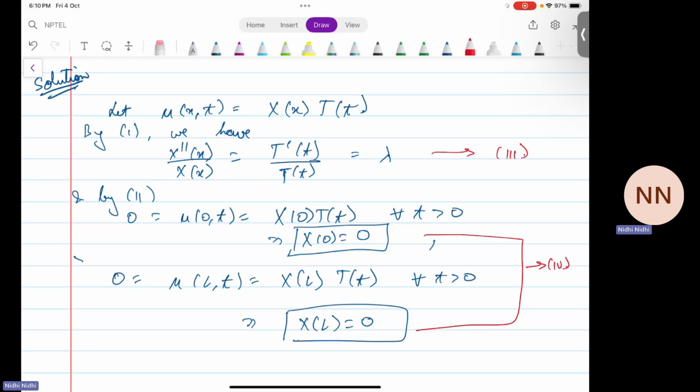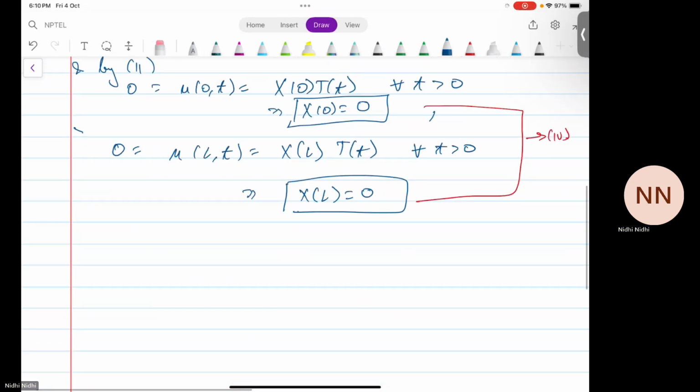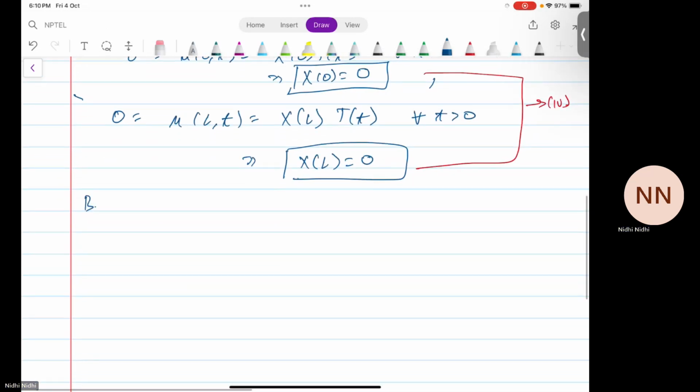So by the third, we have X''(x) is equal to lambda times X(x).